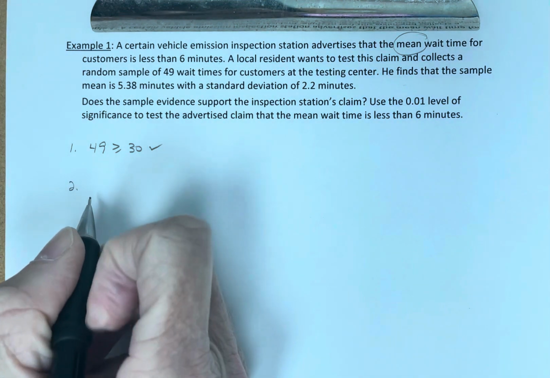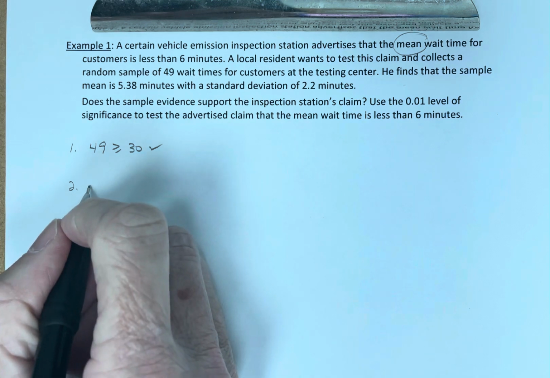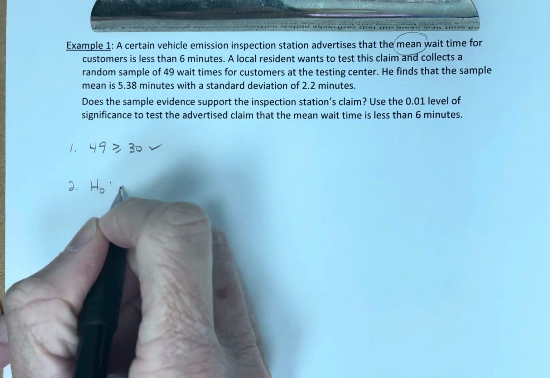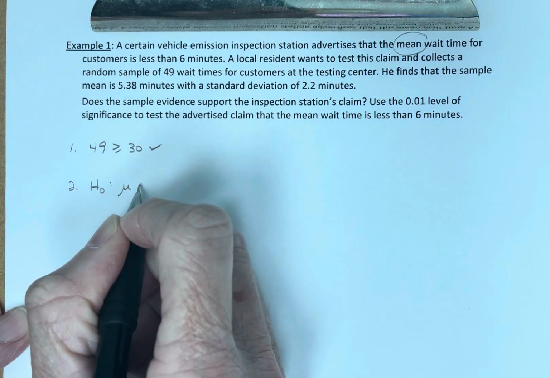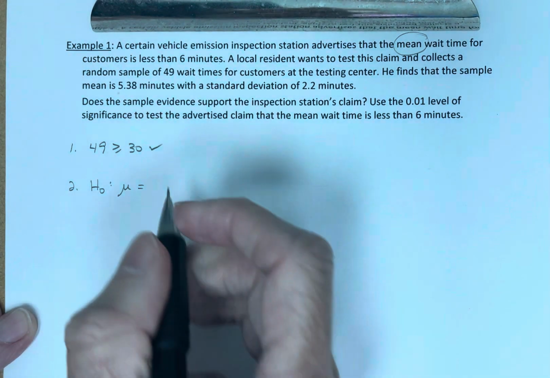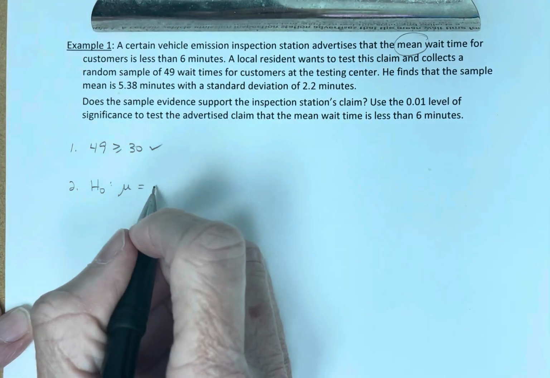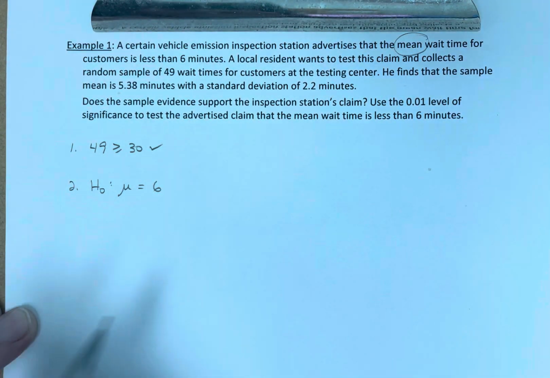Number two, null hypothesis and alternative hypothesis. Our null hypothesis is always a statement of equality, and it is equal to 6 minutes.